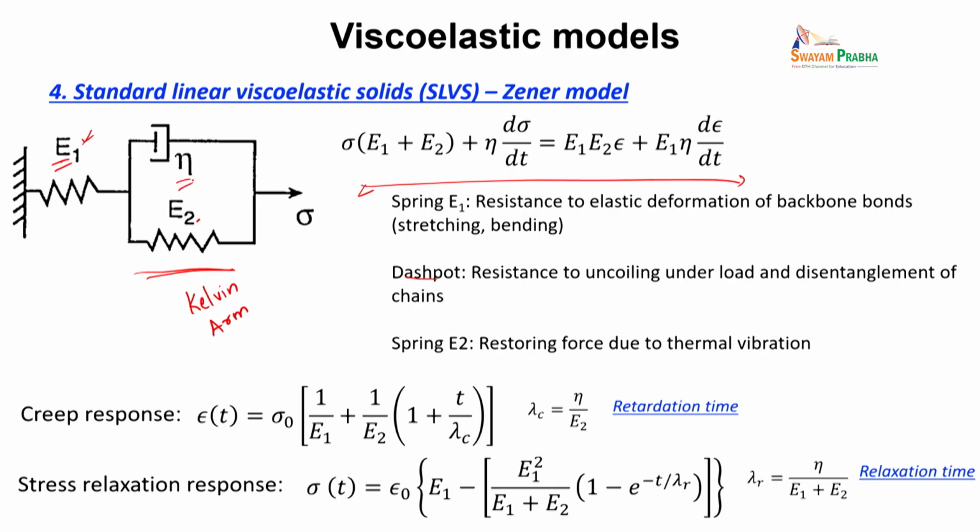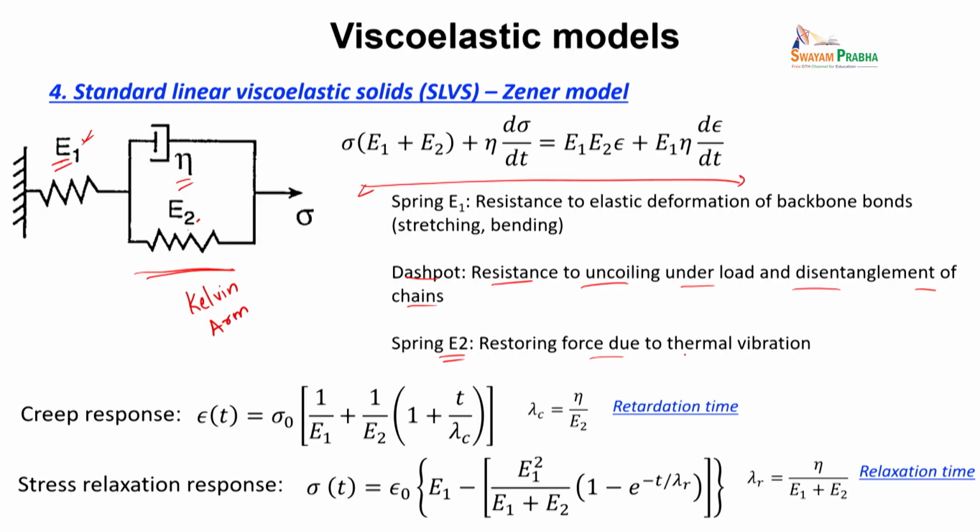Then the dashpot represents the resistance to uncoiling under load and disentanglement of the chain. The chain can undergo a lot of thermal motion, and there is a resistance to this, captured by the dashpot. This is a motion by which the energy gets dissipated. Then you have another spring E2, which represents the thermal vibration that happens along the chain.